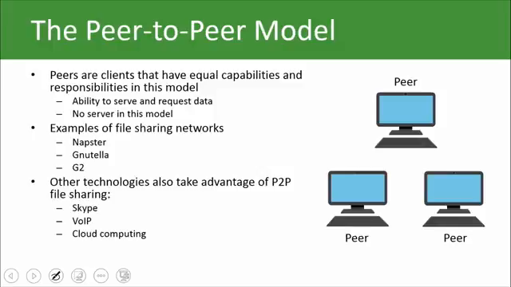You may also find file sharing networks like Napster, if you're old enough to remember that. I think Napster is still around, but in a very different form. You have Gnutella and also G2. So the peer-to-peer model is a little different. Each computer accesses and requests data from its peers and not from a server. Those are two different models that you'll see in your journey through networking.